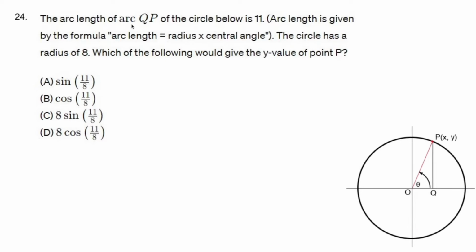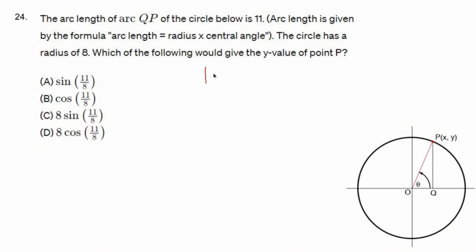The arc length of arc QP of the circle below is 11. By the way, arc length is given by the formula arc length equals radius times central angle. The circle has a radius of 8. Which of the following would give the y value of point P? All right, well, it tells us that the arc length, which is given by radius times the central angle, is going to be 11.